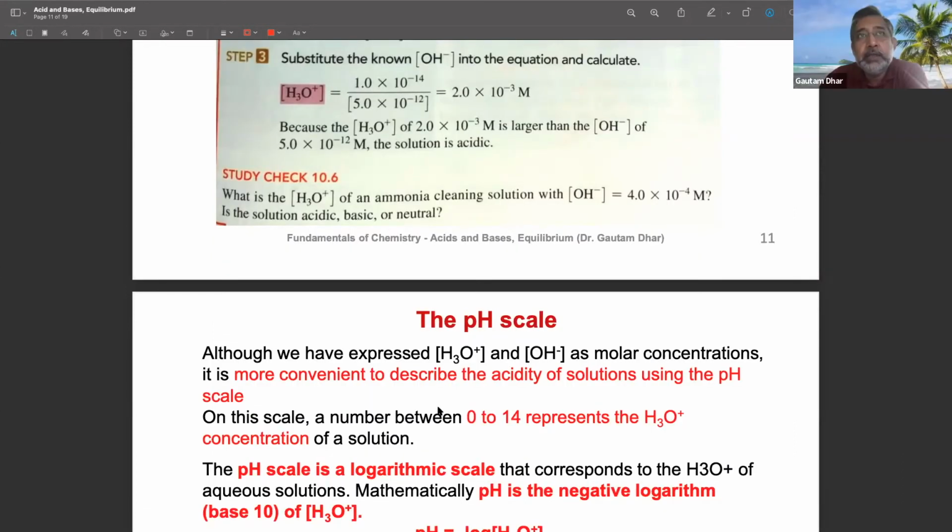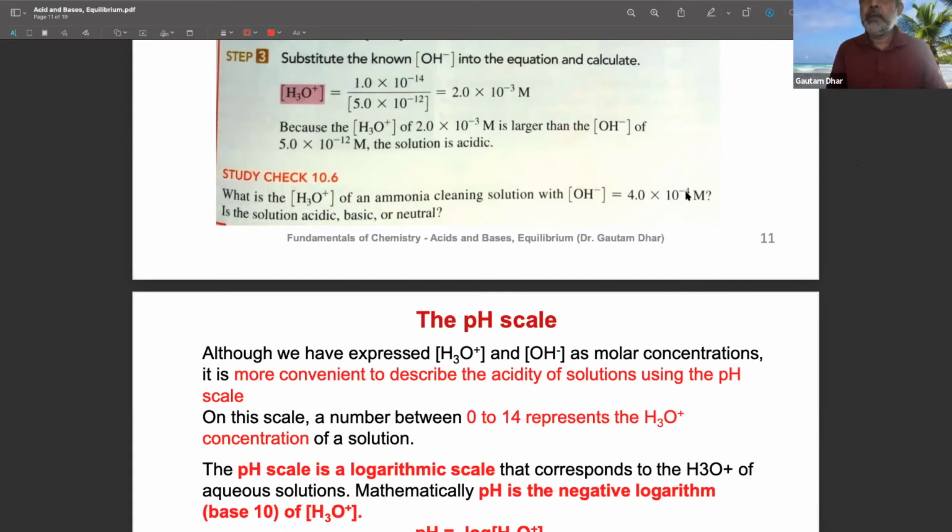What is the H3O plus concentration of an ammonia cleaning solution with OH minus of 4.0 times 10 to the minus 4? So the formula, remember, Kw equals H3O plus multiplied by OH minus. You have to rearrange to get H3O plus, so H3O plus will be Kw divided by OH minus. Put in the value of Kw and the value of OH minus: 2.5 times 10 to the minus 11.